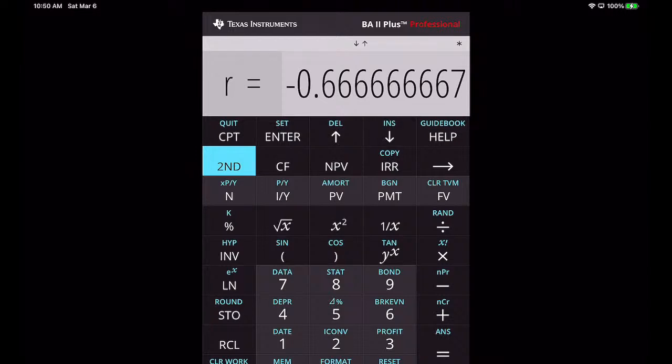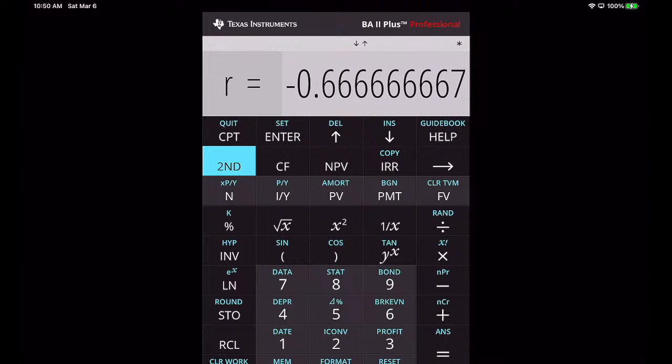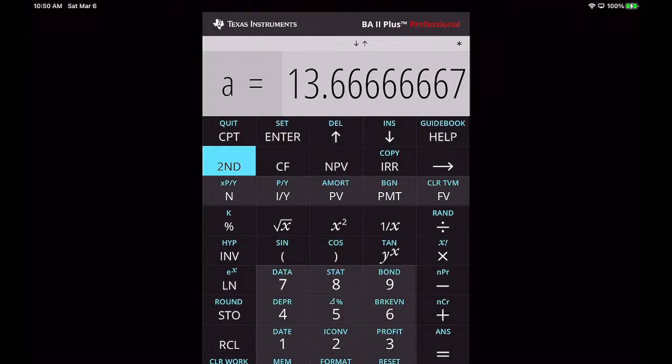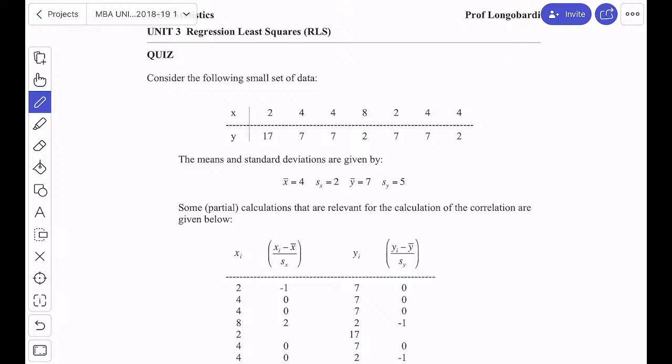And R is negative 0.67. So I'll just write those here.